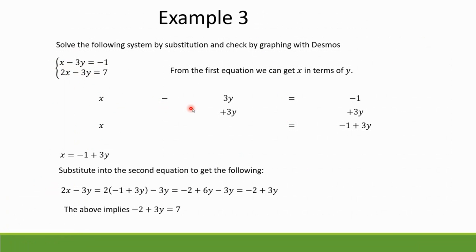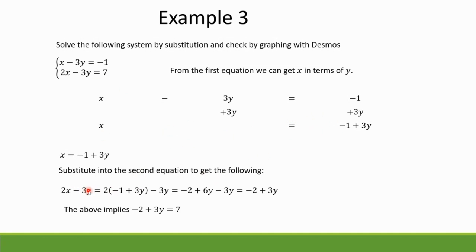So from the first equation, we can add 3y to both sides. We get x all alone on the left, and on the right side of the equal sign, we get negative 1 plus 3y. Now, what do we do next? We're going to substitute this into the second equation. Remember, we have the second equation, we want to use it, right? So we have 2x minus 3 times y.